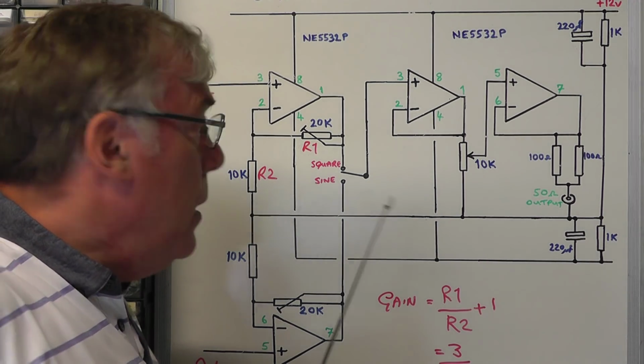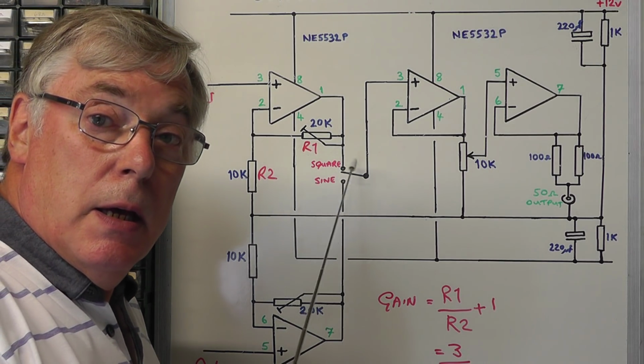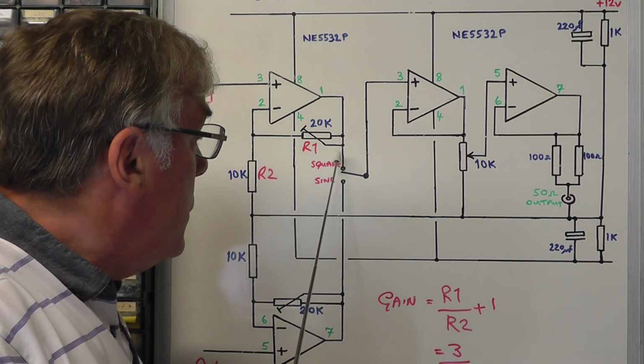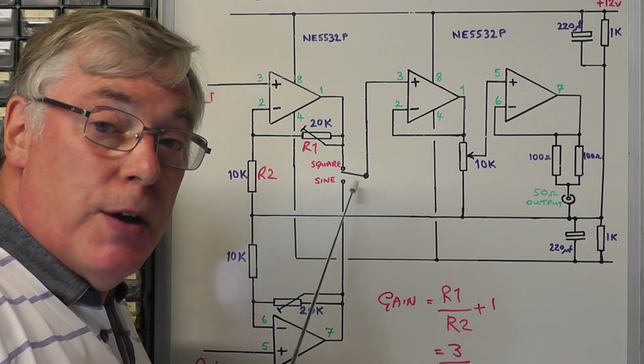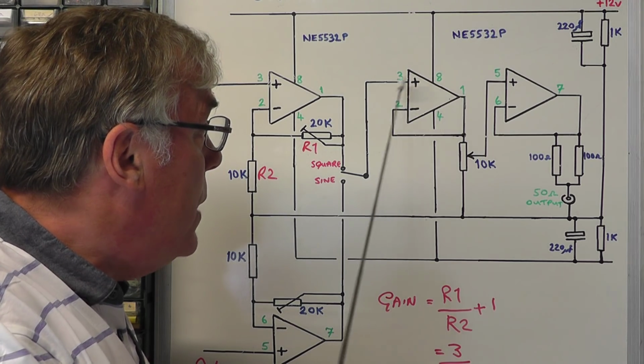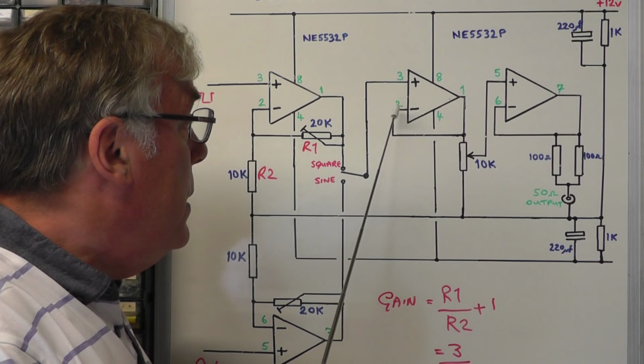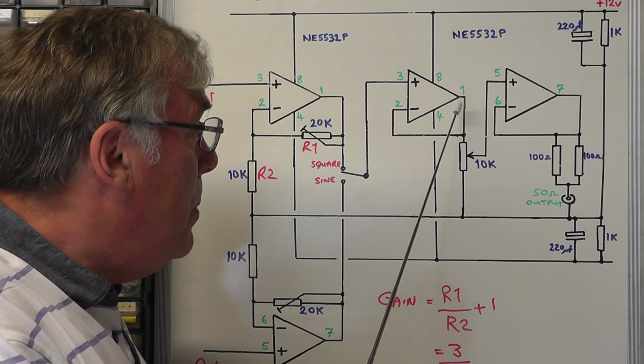Now the signal from these amplifier stages here is simply switched through a switch which either selects the square wave or the sine wave signal and feeds that into a non-inverting buffer stage. So the op amp here is configured as a non-inverting buffer by connecting the negative input to the output.